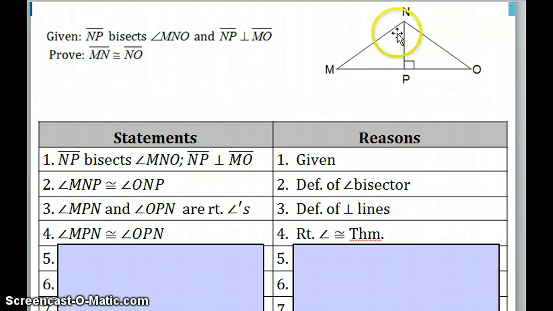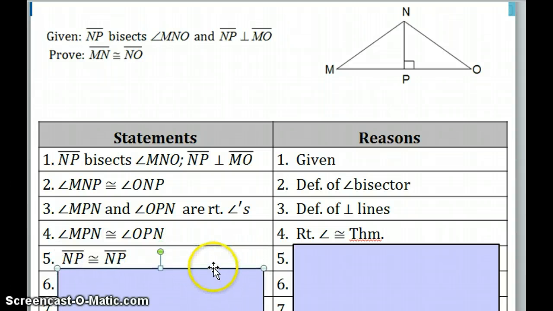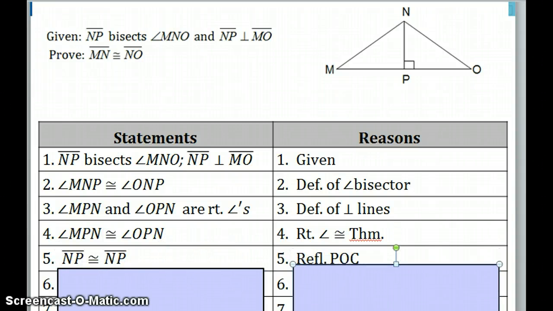So there are congruent angles here and here at the top of segment NP, and here at the bottom of segment NP. But segment NP is a shared side by both triangles, so it is congruent to itself by the reflexive property. So we have angles here and here that are congruent. The included sides are congruent, and then other angles here and here are congruent.